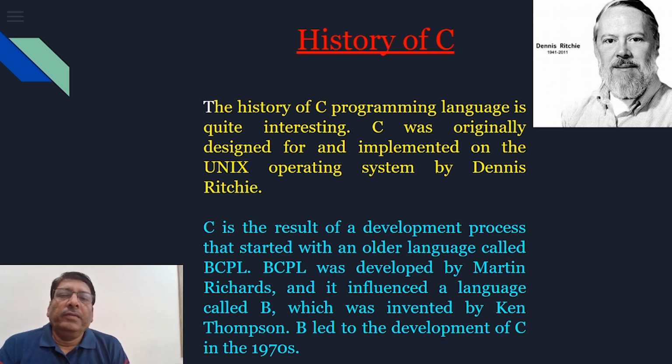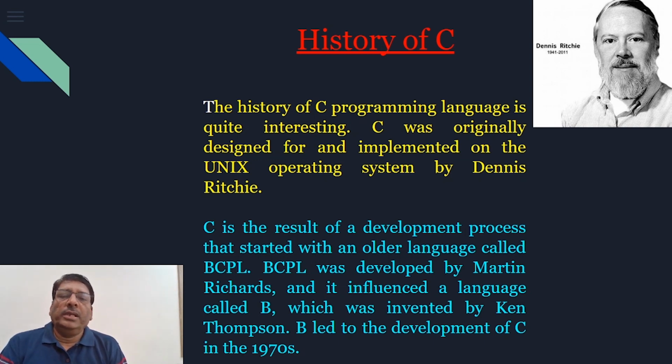This particular language has quite an interesting history, wherein it was designed and implemented on an operating system called the Unix operating system. It was done by Dennis Ritchie. Dennis Ritchie was eager to design the Unix operating system, and for that he designed this language and gave it the name C language.